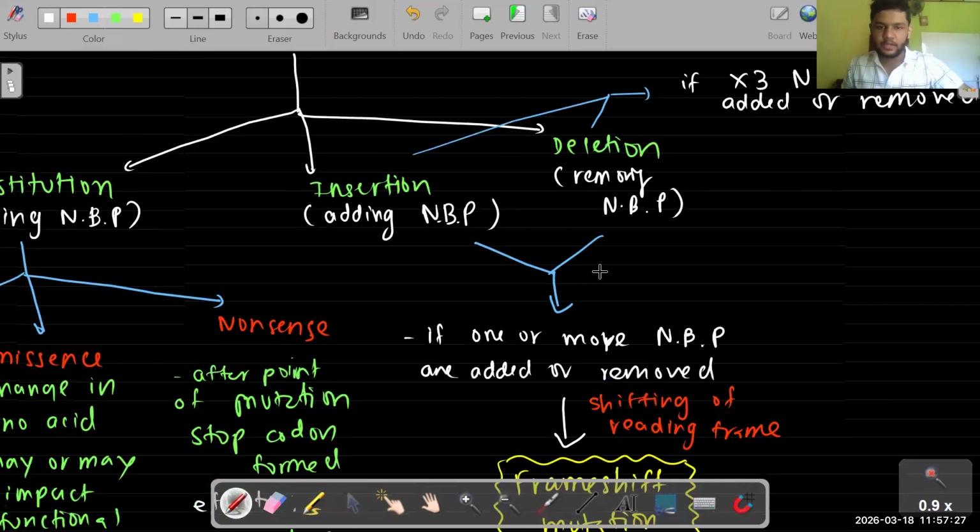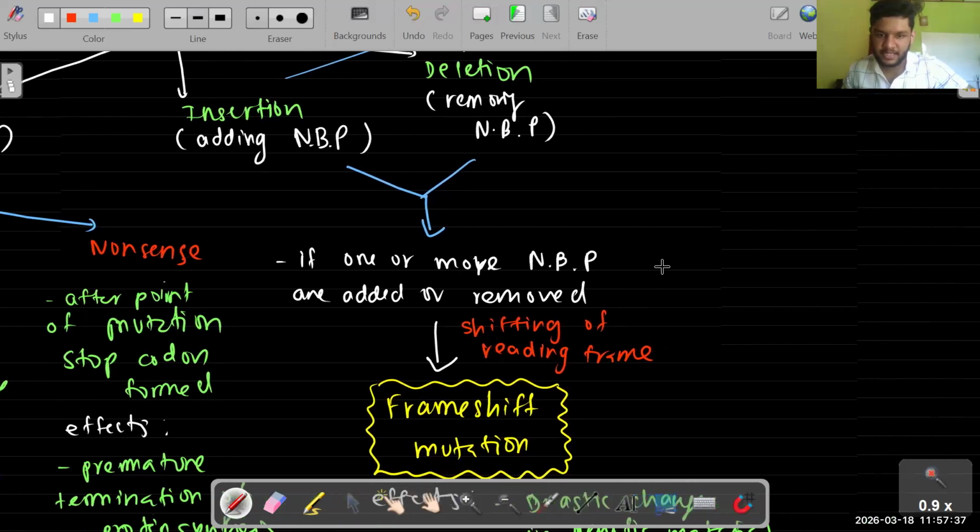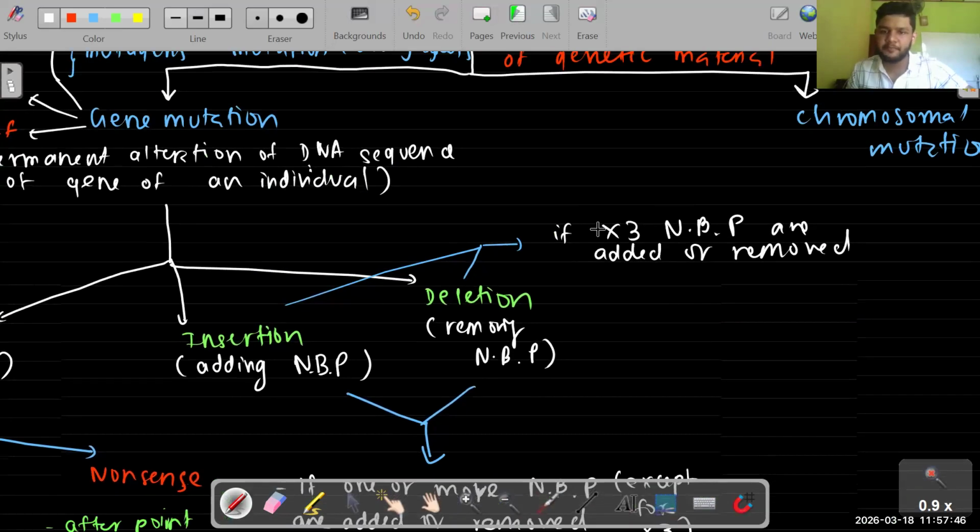Now here, if one or more nucleotide base pairs means 1, 2, 4, 5, 7, 8, 10, those numbers are not multiples of 3, right? I'll mention it here also, except for multiples of 3. Here, if multiples of 3 nucleotide base pairs are added or removed, what happens?